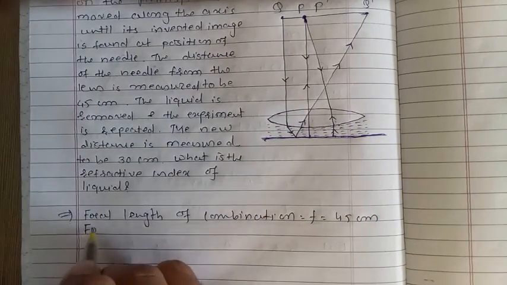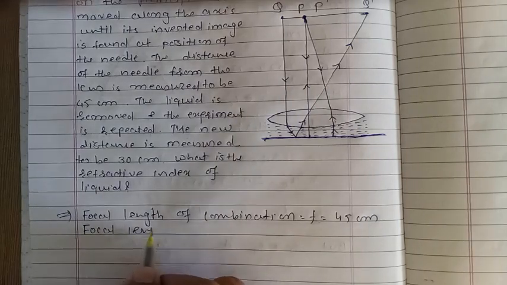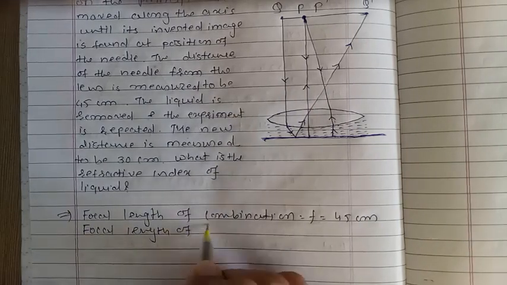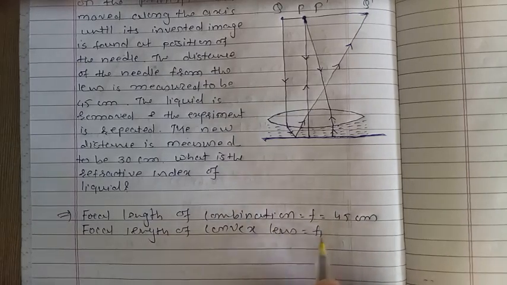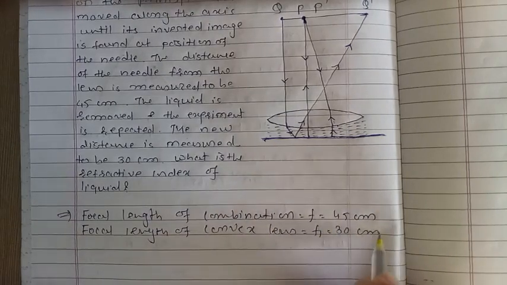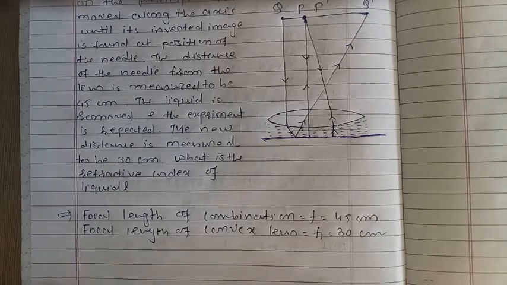So we can say that the focal length of the convex lens is f1 equal to 30 centimeter, and for a convex lens we know the focal length is positive, right?